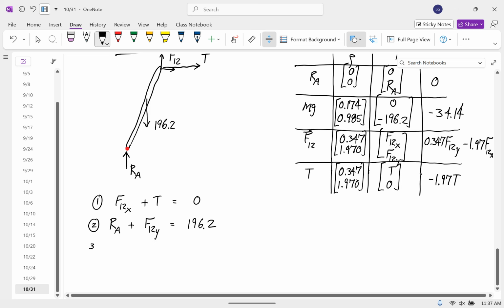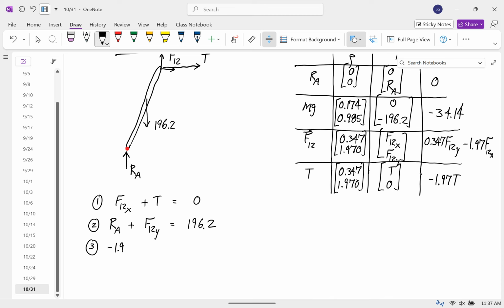And the third one says negative 1.97 F12x plus 0.347 F12y minus 1.97 T is equal to positive 34.14.